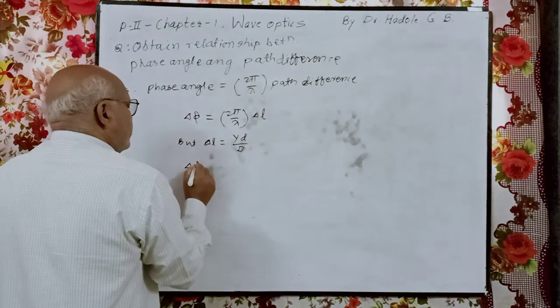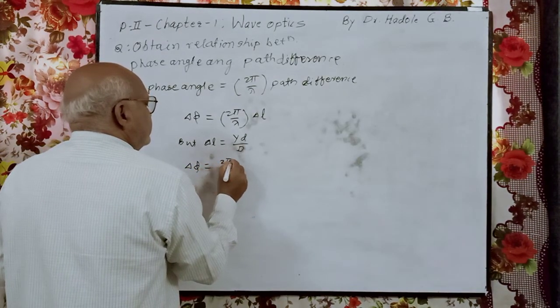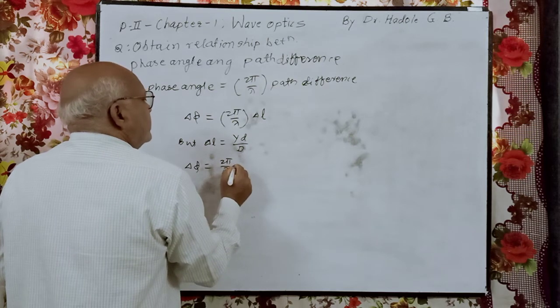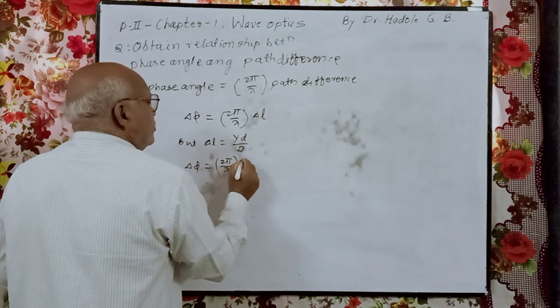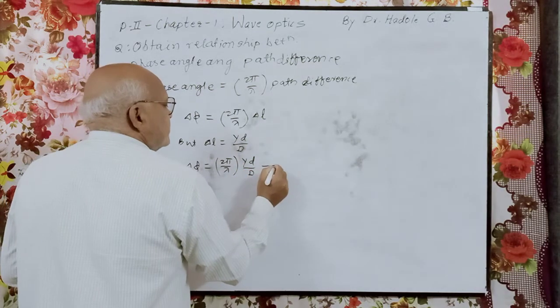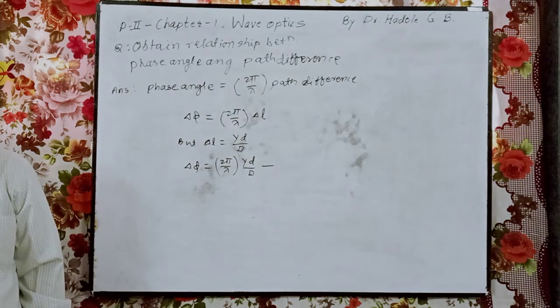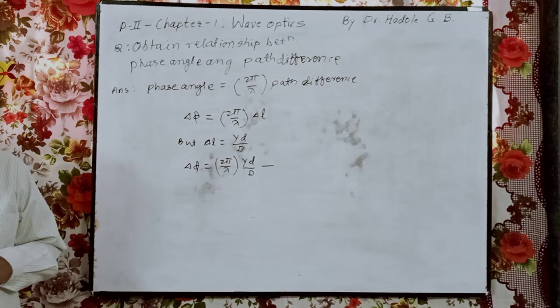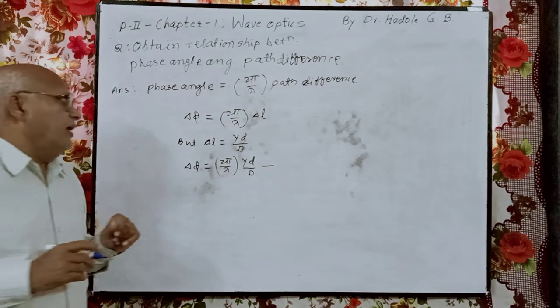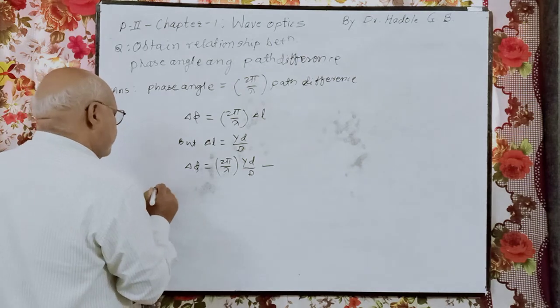So delta phi equal to 2 pi by lambda into yd upon capital D, and this gives the relationship between the path length and phase angle.